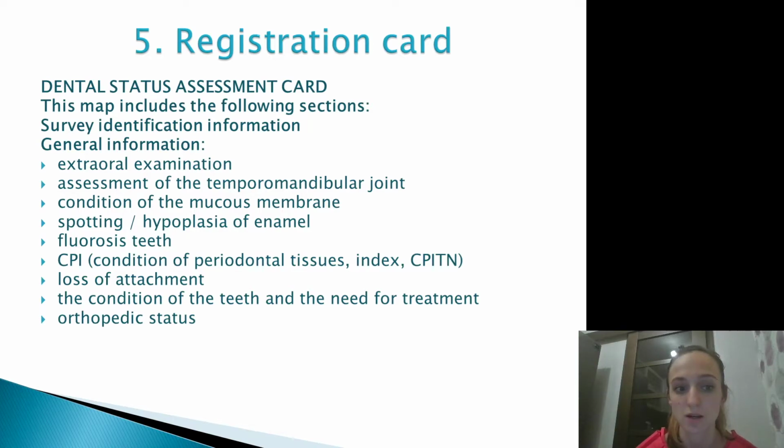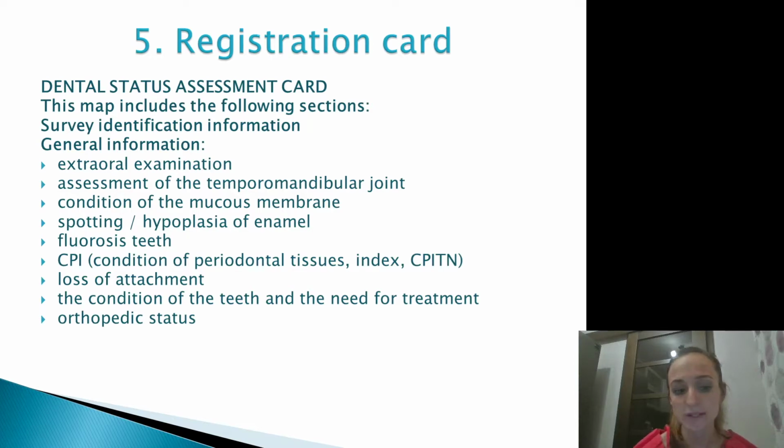Then assessment of the temporomandibular joint, condition of the mucous membrane, spotting or maybe some diseases of enamel or dentin, systemic diseases, for example hyperplasia of enamel, for example fluorosis of teeth, condition of periodontal tissues, indexes, loss of attachment, the condition of the teeth, and the need for treatment.